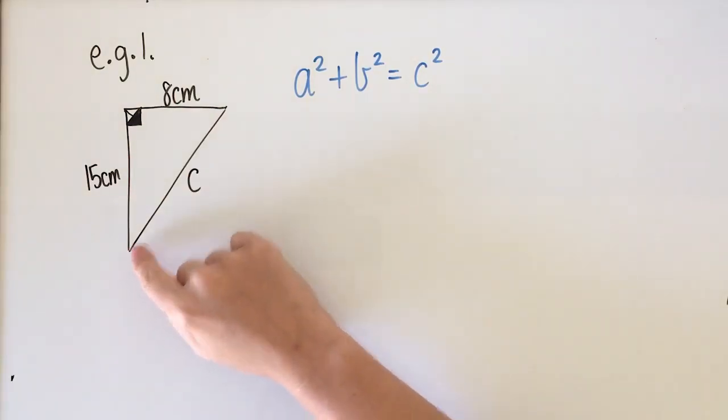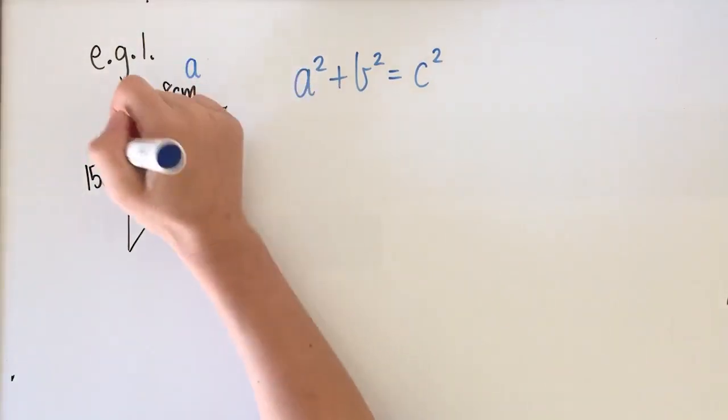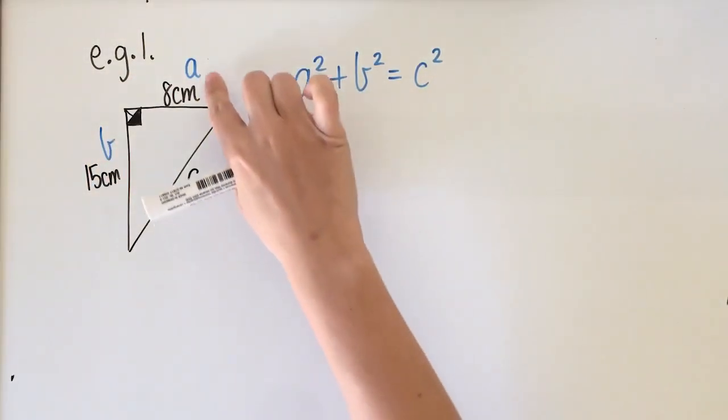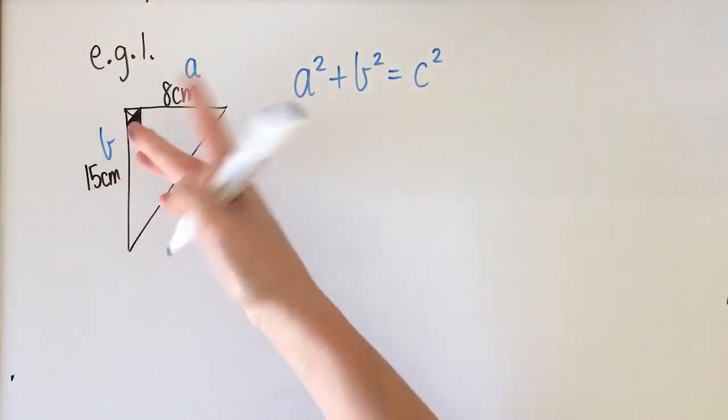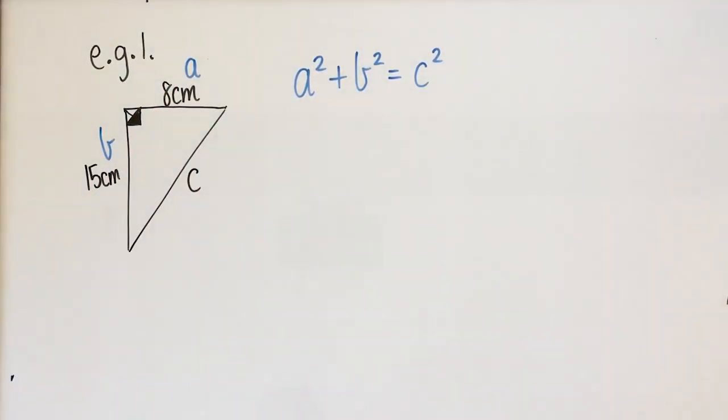The hypotenuse is also the longest side, so that leaves these as A and B. Now a reminder, A and B are interchangeable. A and B can be either of the two short sides, but C must always be the longest side.